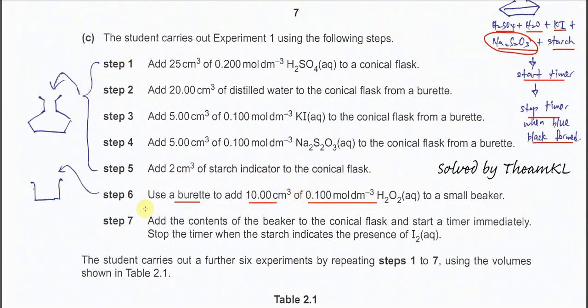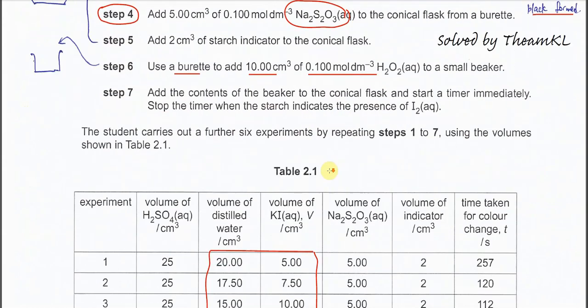Throughout these steps, which step caused that error? It is step 4, because step 4 is the addition of the thiosulfate to the conical flask. So the student actually forgot to add the thiosulfate into the mixture. So it must be step 4.